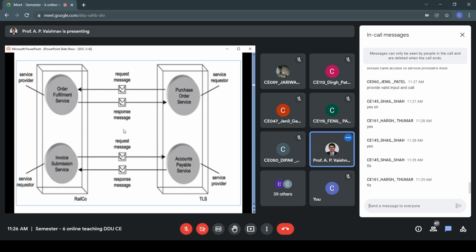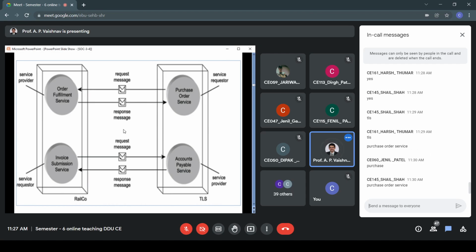Correct. Because first we have to send the order details, right? First we have to send the order details. And which service is responsible for that? For placing the order, you can say. Yes, purchase order, right? PO. Correct. First we have to generate the PO, the purchase order of the system.